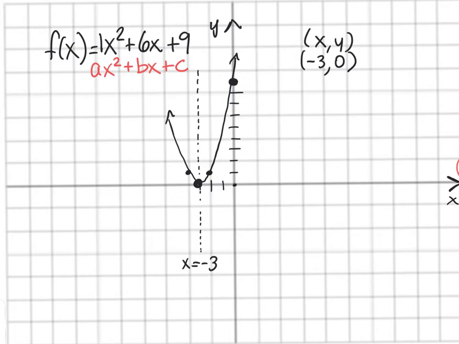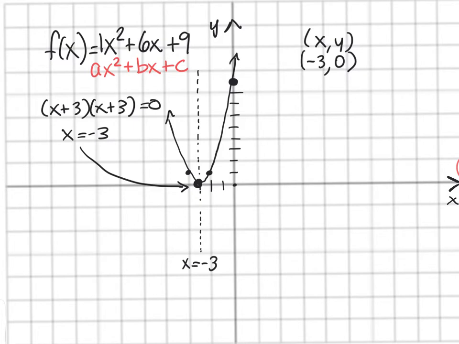So that is my equation. If I were to factor that to put it in factored form, this would turn into x plus 3 squared, further proving to you that your 0, when you set it equal to 0, is x equals negative 3. That's your 0, which also happens to be your vertex.